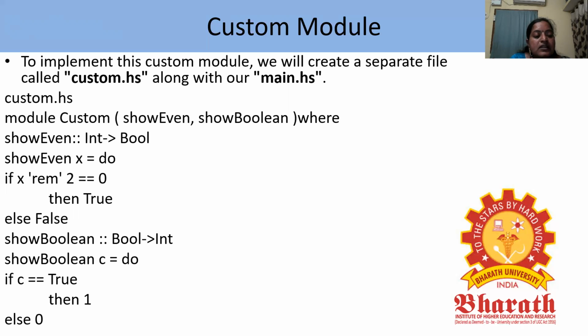Okay, and then another function, showBoolean double colon, Bool is the input and Integer is the output. So showBoolean c = if c == True then 1 else 0.